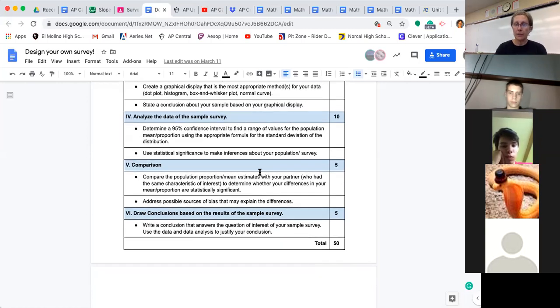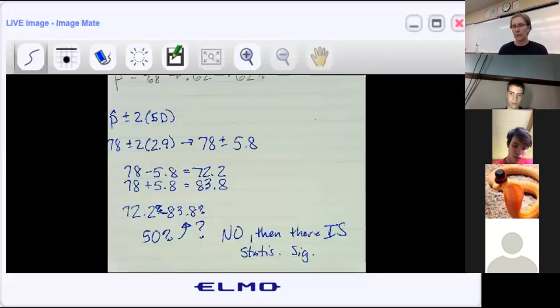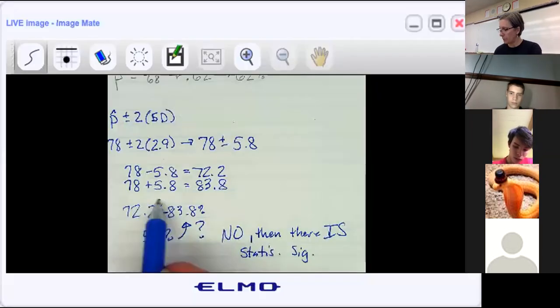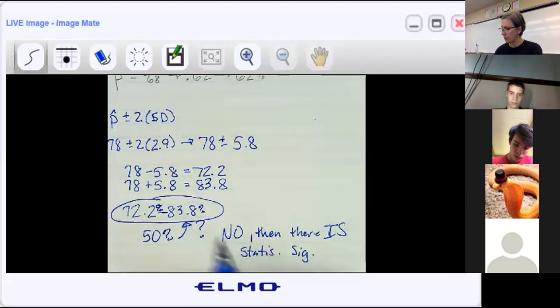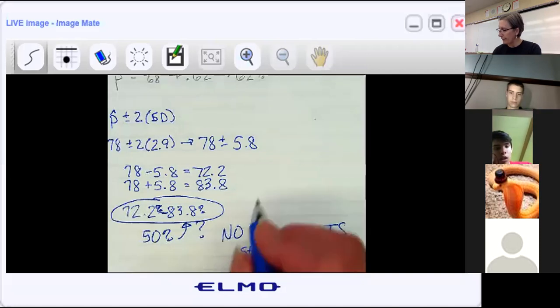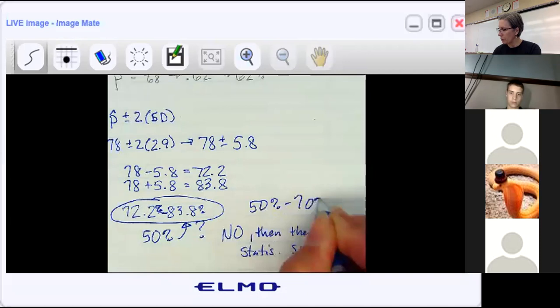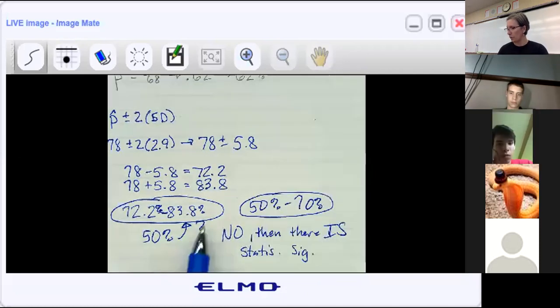So then you're comparing to your partner's confidence interval, and this is where you would look to see if your confidence intervals overlap or not. So I'm going to go back to my document camera here so that I could talk about this. So this was one confidence interval. Let's just say another confidence interval came out to be like 50% to 70%. Do those confidence intervals overlap?